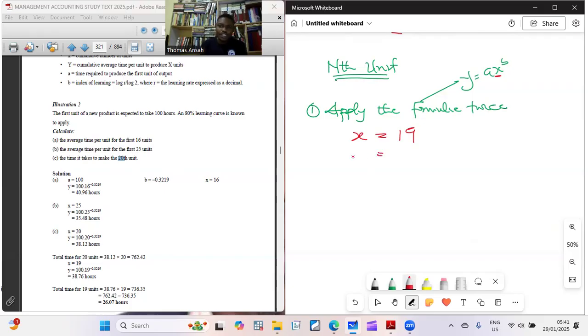Or you can say you put in your x, where x is 20 in this case. Because you're applying the formula twice, the next x will be 20 minus 1, so you get 19. Take note of that: the number at, and the number before.